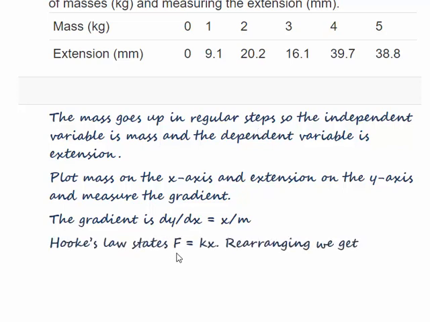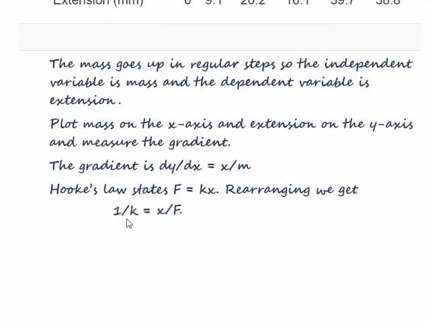Now Hooke's law says that the force is equal to the spring rate times the extension, and if we rearrange that, we get 1 over the spring rate is equal to the extension divided by the force. Here we've got extension divided by the mass, and if we remember that force is equal to mass times the acceleration due to gravity, we'll get that the spring rate is the acceleration due to gravity divided by the gradient.